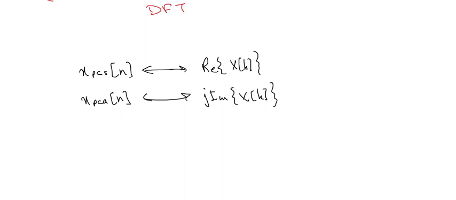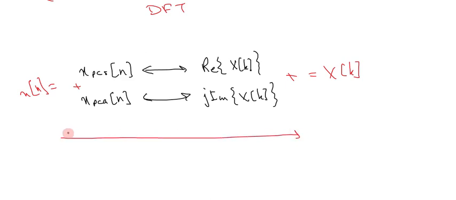Again, if you sum them up, you will have x of k, and if you sum these two signals, you will have x of n. And again, you are getting the DFT between x of n and x of k.